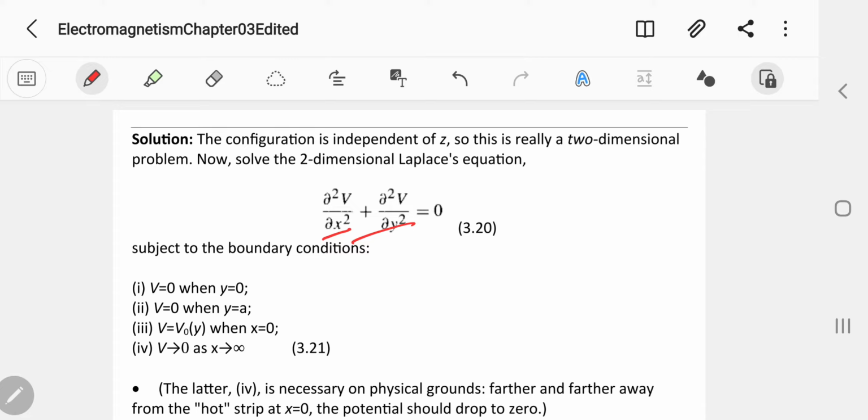The potential depends only on x and y, because it is bounded on x on one side and infinite on the other, and for y you have boundaries on the upper and lower parts. The configuration is independent of z, so we can just take out z here.